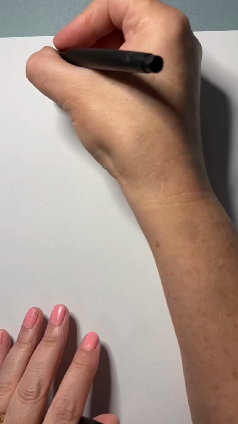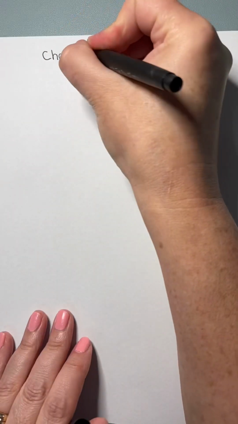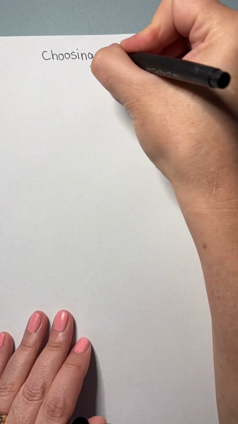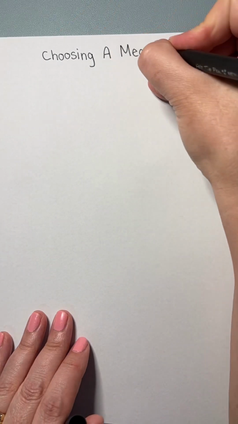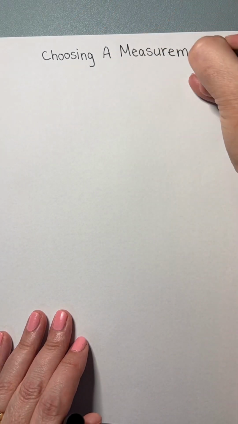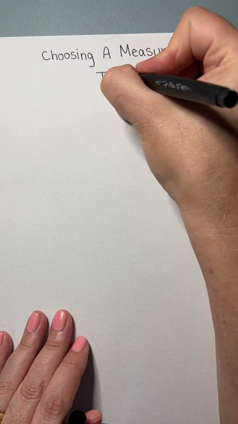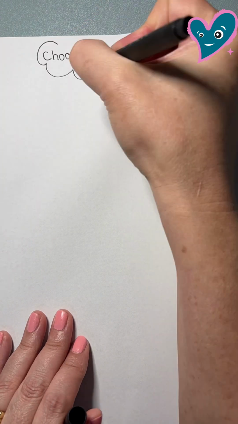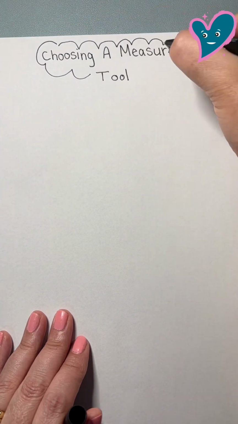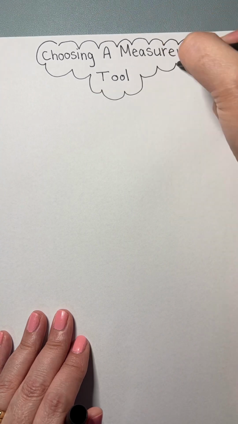All right, next let's take some notes in our productive thinking journal. We're going to talk about choosing a measurement tool. So go ahead and get your paper, and you're going to make a little chart with 3 sections.